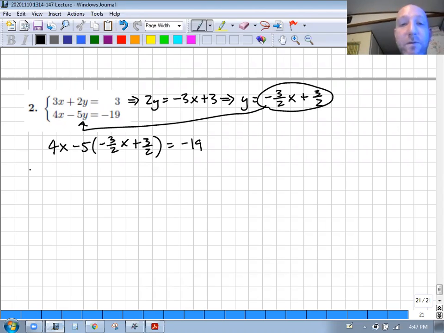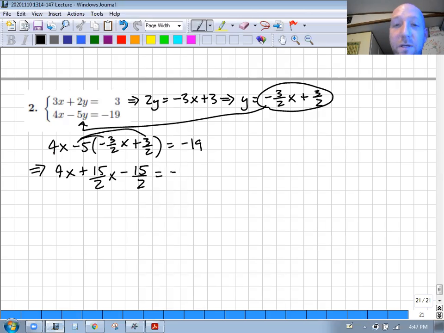So if I multiply through negative 5, I get a 15 halves x minus 15 halves equals negative 19. Since we got these halves, what is negative 19 as far as halves? That would be what, 38 halves? So let's rewrite 19 as 38 halves.